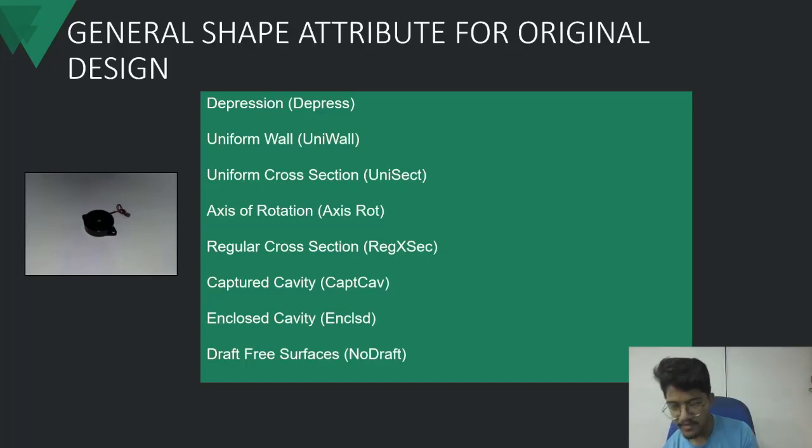Regular cross section meaning that the part has a familiar shape such as a circle, hexagon, and such. And captured cavity meaning that the inside of the part is hollow and there is a hole leading to the hollow part. Enclosed cavity meaning the inside of the part is hollow but it is entirely enclosed. And draft-free surfaces is when during production the part will not leave any drafts.